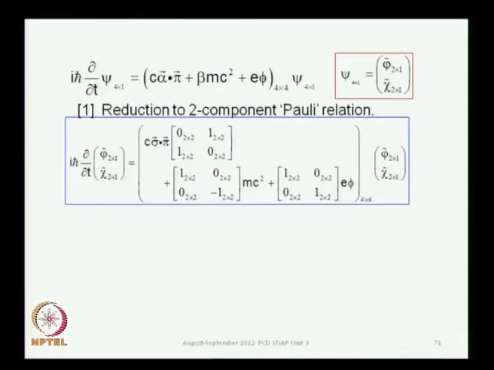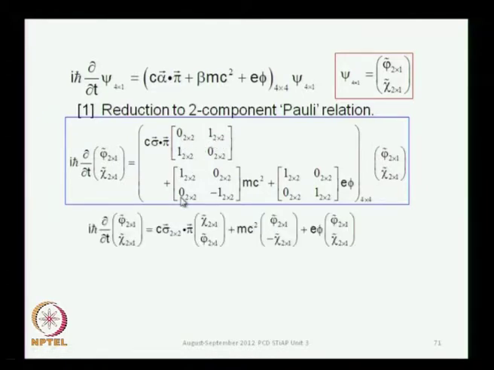Now, this is the 4 component form, and you have the sigma dot pi extracted from this alpha dot pi, and then you have the 2 by 2 matrices 0 1 1 0, and that essentially gives you 2 equations.